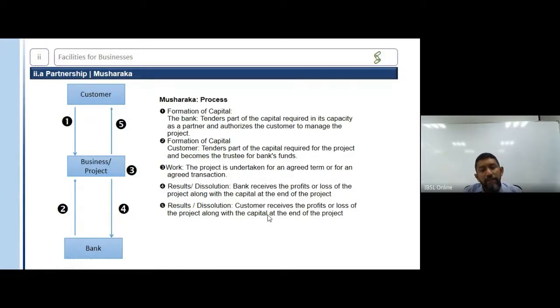So instead of giving a loan and charging interest for that loan, the alternative way of giving a facility to the customer is to get into an arrangement of partnership. That's what the Islamic banks do here.